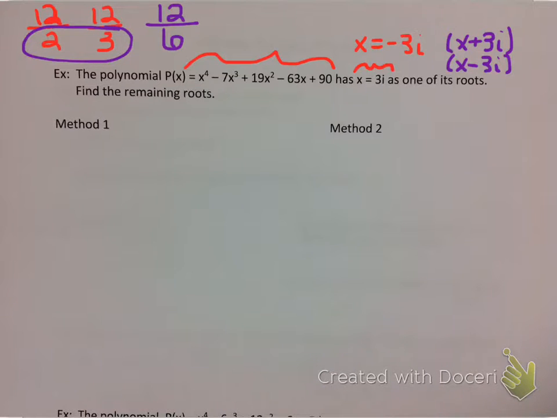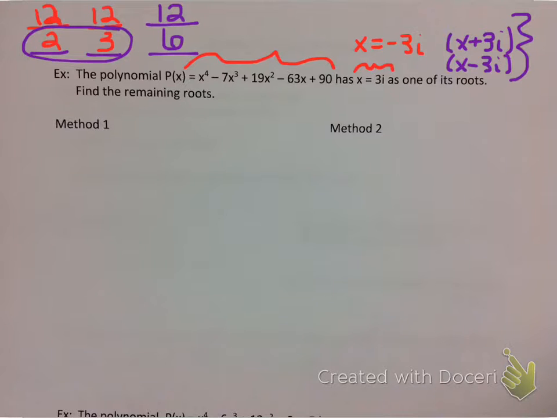So if x plus 3i and x minus 3i will divide out of our polynomial perfectly, then so will their product, just like if 2 divides out perfectly and 3 divides out perfectly, so will 6. So if you want to get rid of the imaginary numbers, you can figure out what the product of these two things is, and then you can divide it out.